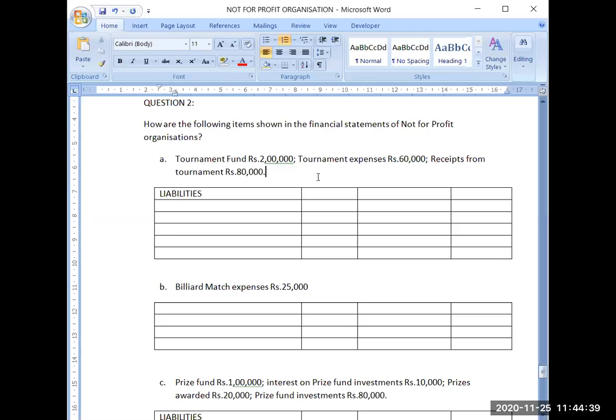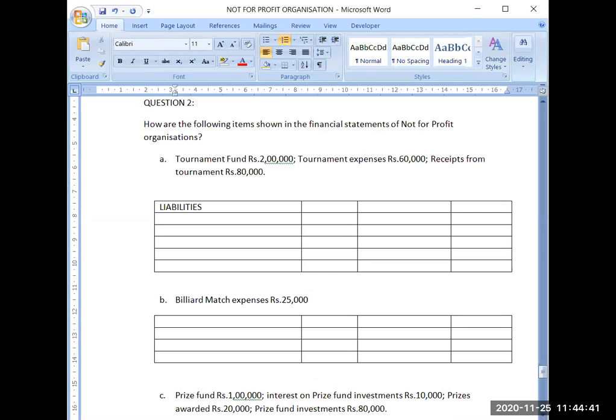So we have this format of balance sheet. This is the liability side, this is the amount column, this is the asset side, and this is the amount column.